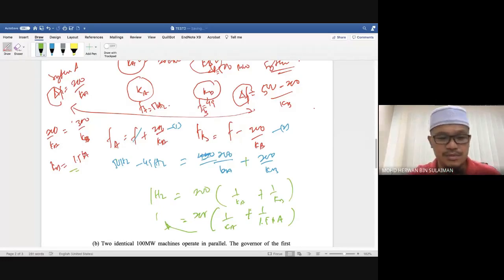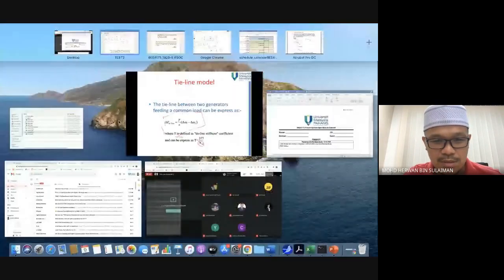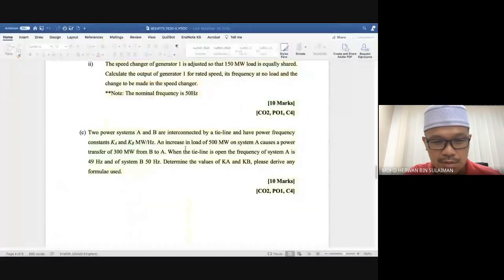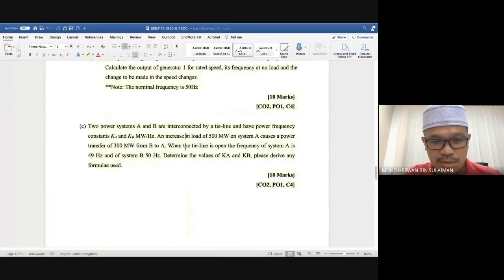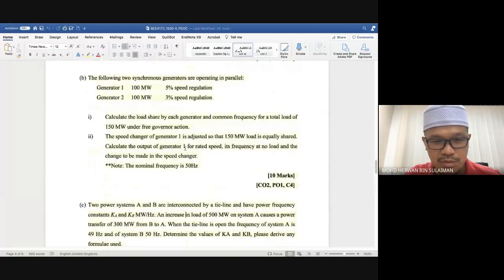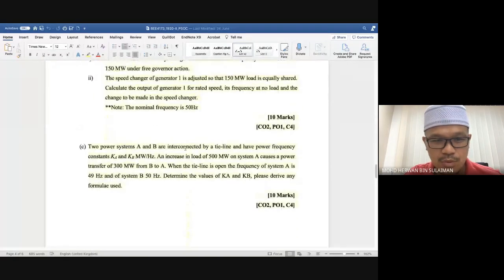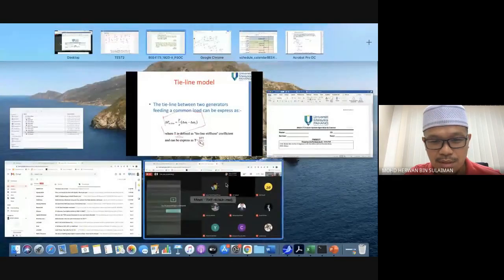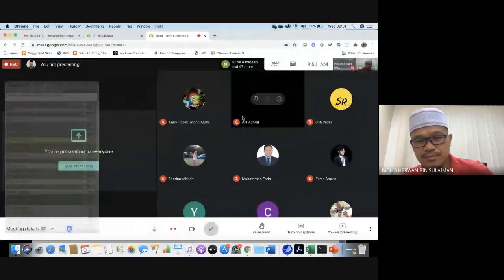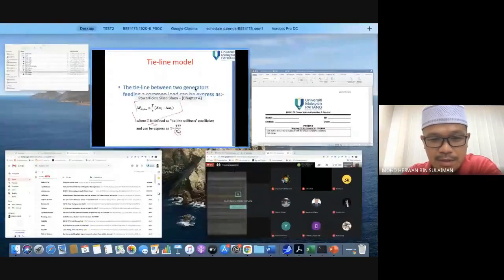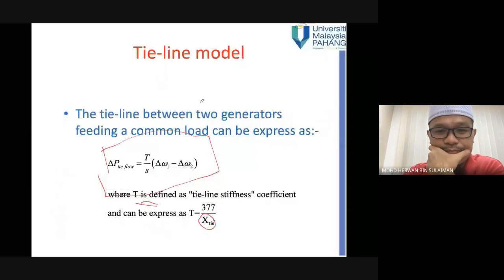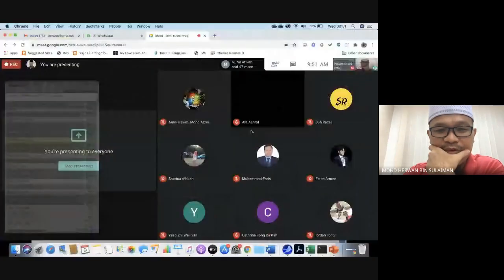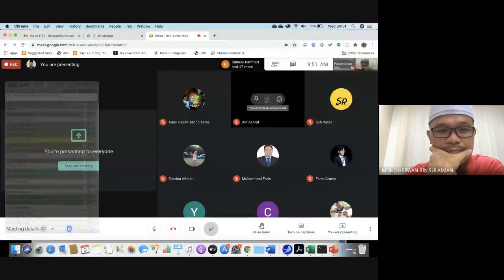Okay, that's an example, a sample question from last year's test. I'm not sure whether this question will come up again or not, because we are still under discussion on your final exam, the issue of 20% or 40%.